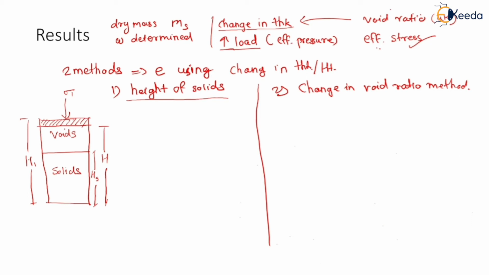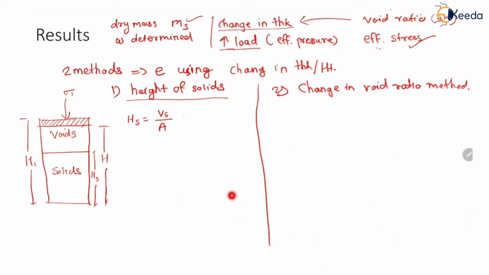So the equivalent height of solids is determined from the dry mass of soil. So we have determined the dry mass after the unloading. So Hs is equal to Vs upon A, where Vs is the volume of solids.